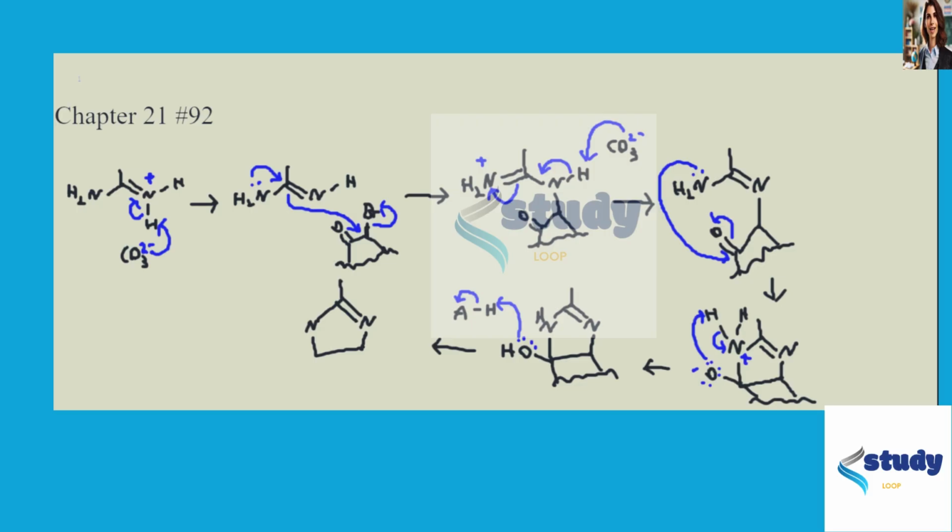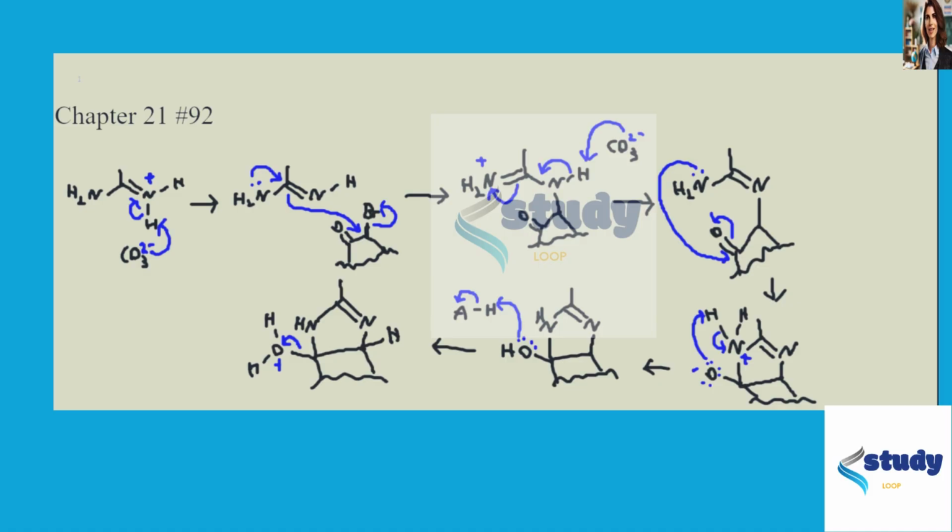And I am going to draw this proton in here. So now this oxygen is going to have a plus charge on it. This bond will break and the oxygen will leave.